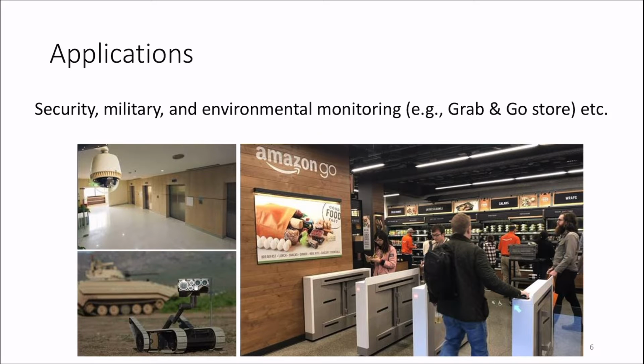And for the military, the figure down below shows that we can deploy the visual sensors onto robots or devices. We can distribute a number of those devices into the battlefield, so they can cooperatively work together to extract useful information.